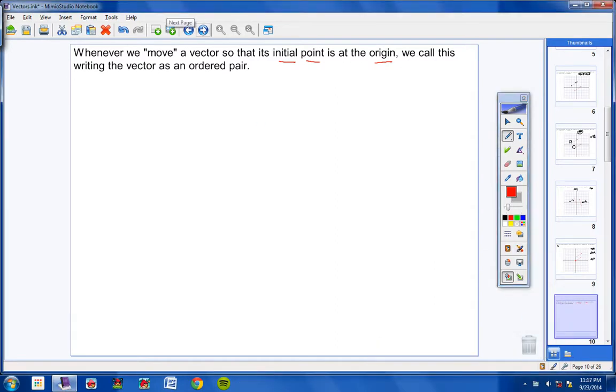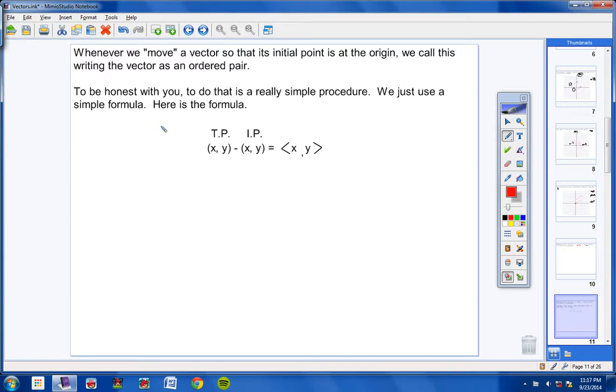All right, now let's continue on. To be honest with you, to do that is a really simple procedure. We just use a simple formula, and here's the formula. This is so easy, students. So let me stop and say this. Anytime you're given a vector and you want to write it as an ordered pair, use this formula right here.